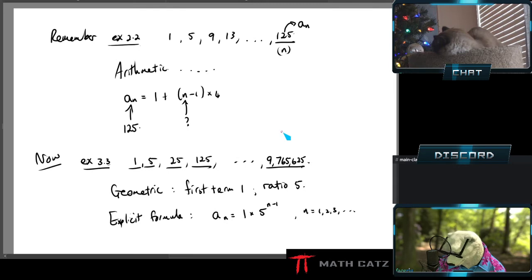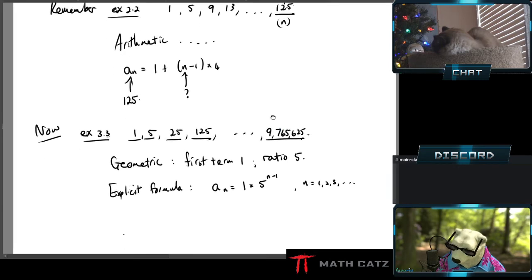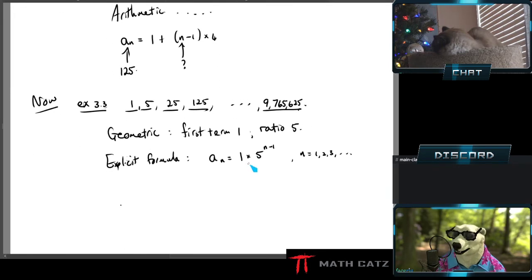Positions. Now, I've made it a little bit simpler for us by choosing a 1 here. So this simplifies to just 5 to the n minus 1, because 1 times anything is just that something.